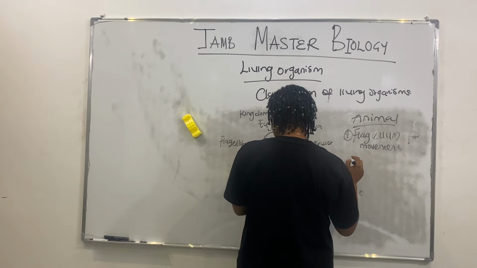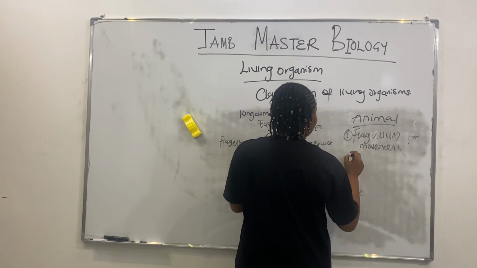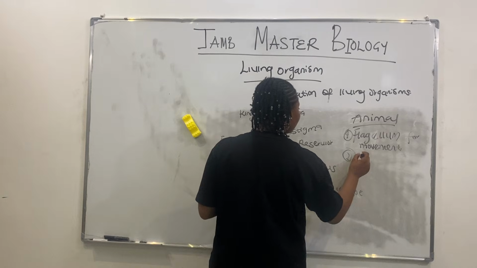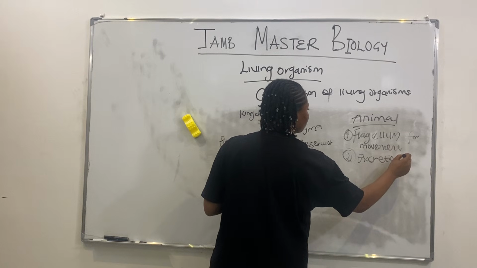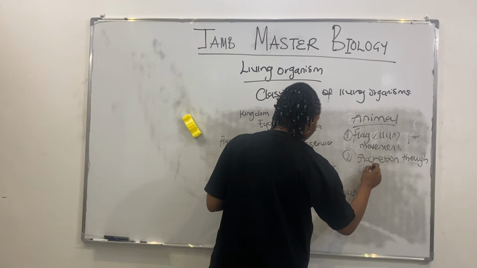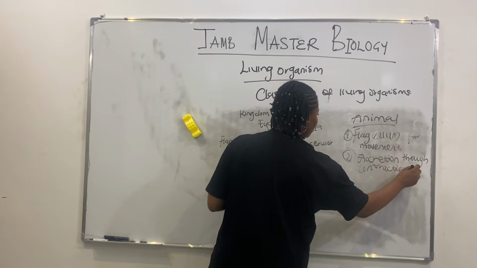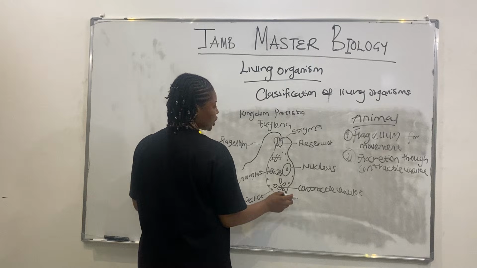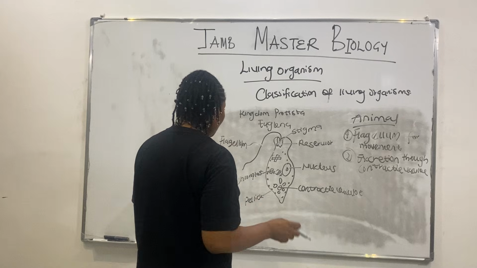The next thing to note is that the contractile vacuole, look at it here, I drew it, is for excretion. So this contractile vacuole I drew here is responsible for the what? Excretion, the removal of waste products.